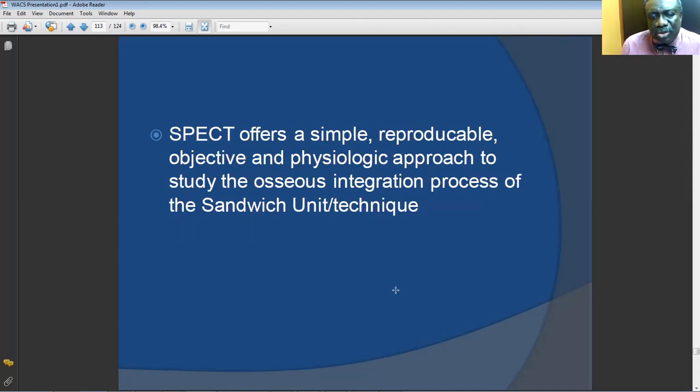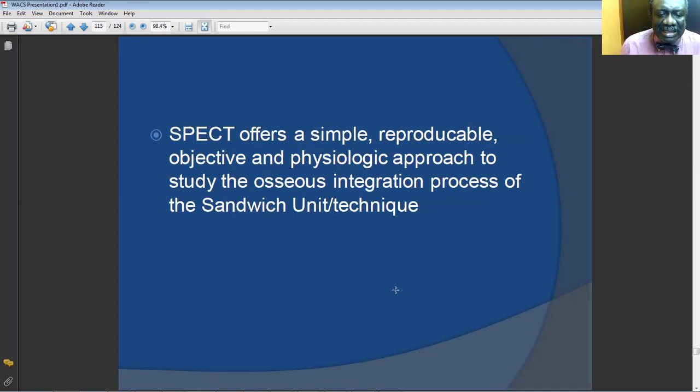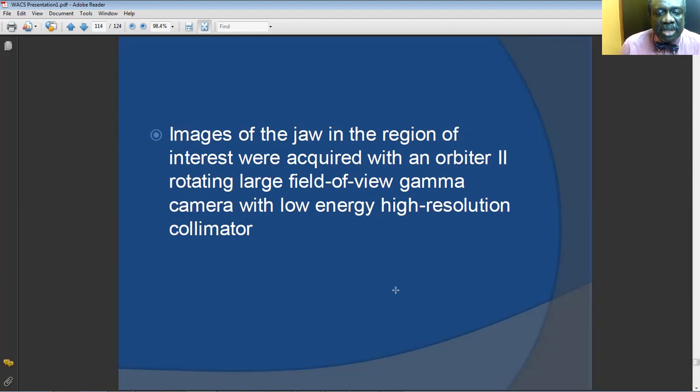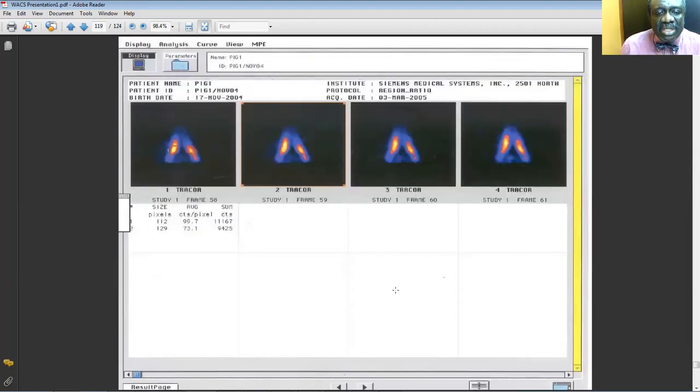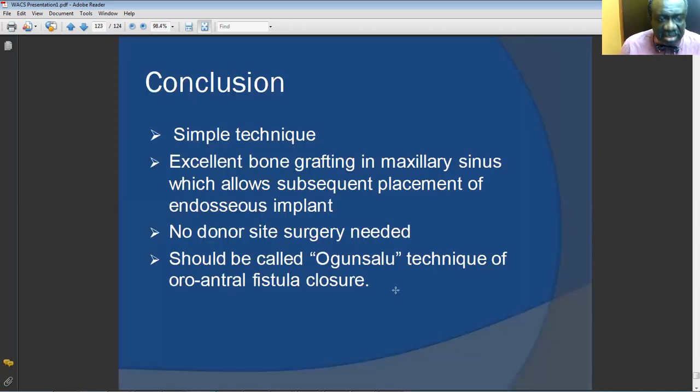I'm not going to do so much on this other than in the electronic material that I'm going to give to Professor Bayo Fashola, and my publications in this area will be included so that you can appreciate how the osteoblastic activity of the sandwich technique and also of any bone grafting technique that you utilize can be assessed.